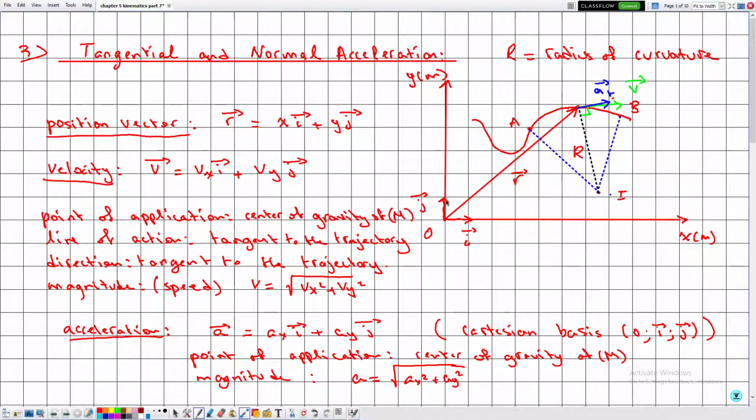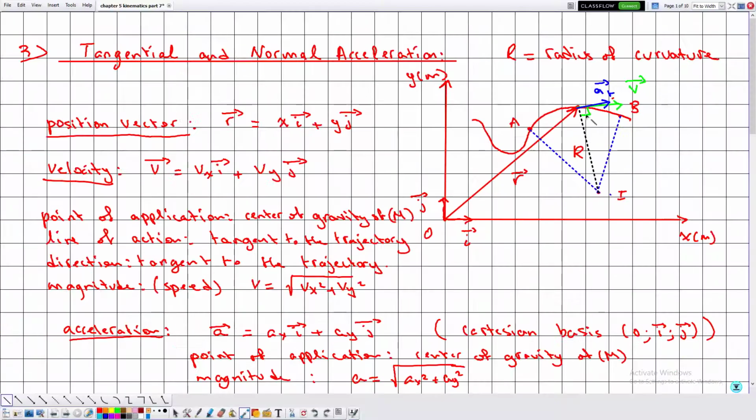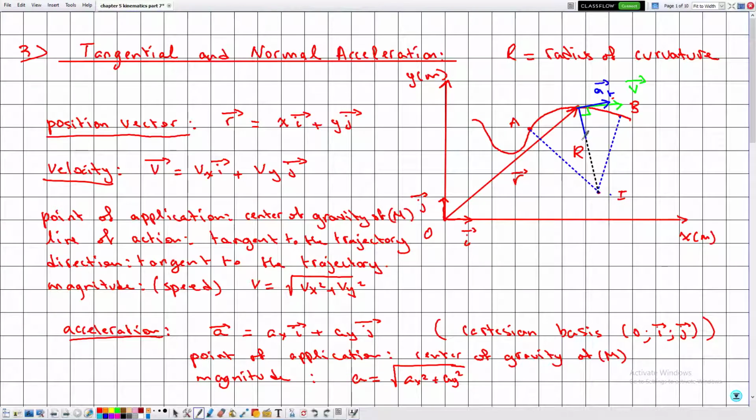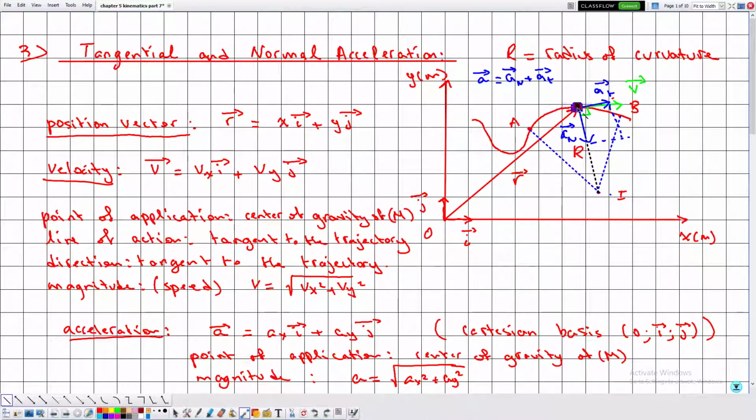Now the normal acceleration is along the radius, like this, toward the center of the circle, or the center of the curvature. Because we have said that a is equal to an plus at, the acceleration a is determined by completing this parallelogram. So this is the acceleration vector a.